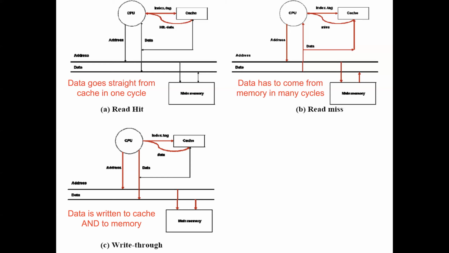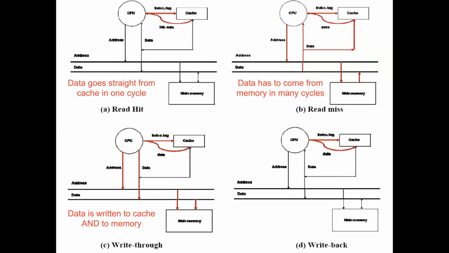Another way this is accomplished is with the write-back. With the write-back, data is written to the cache first. So the data is sent from the CPU to the cache, and once it is sent to the cache, it's marked as dirty.